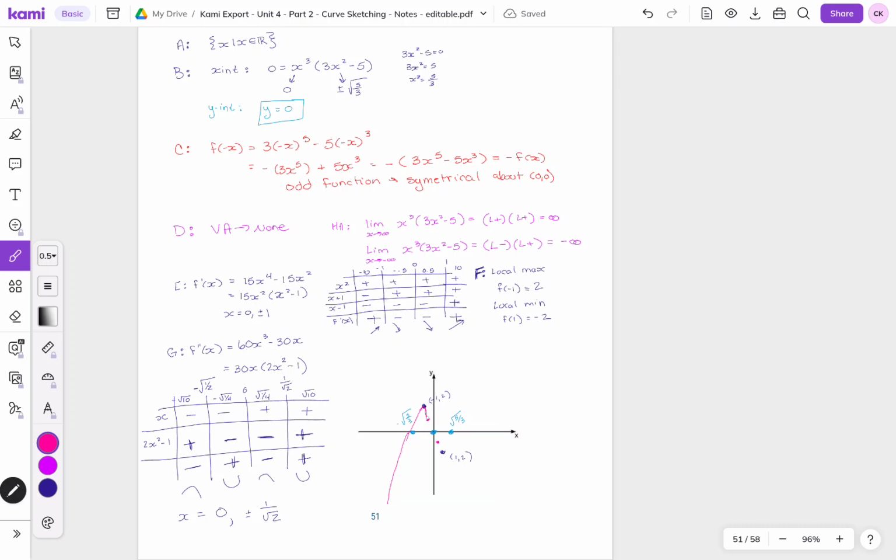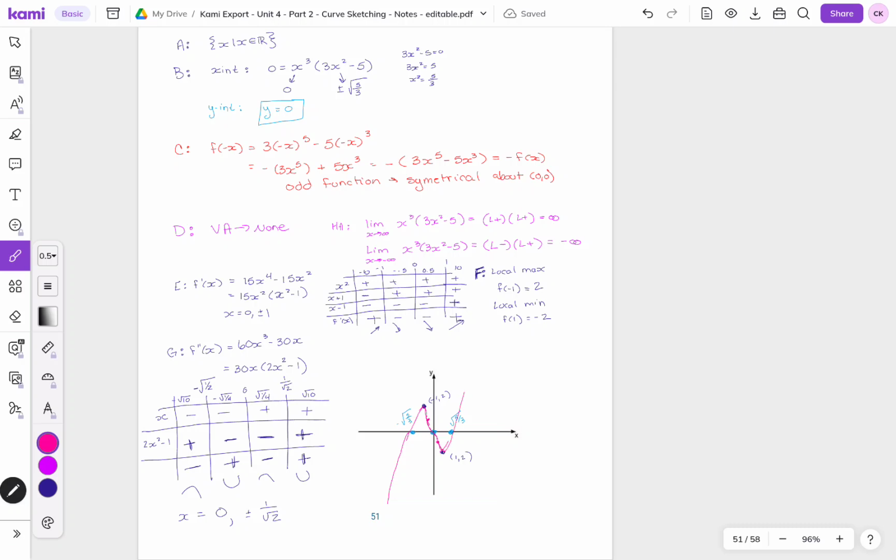Then I switch to concave up. So at this inflection point, I switch to concave up. I stay concave up until I hit 0, 0, my other inflection point. Switch to concave down till I hit that next inflection point. Back to concave up.